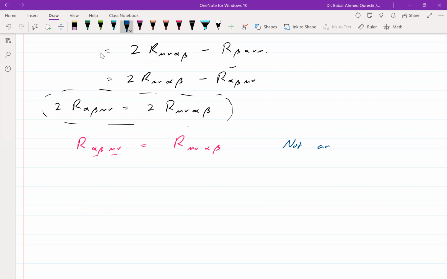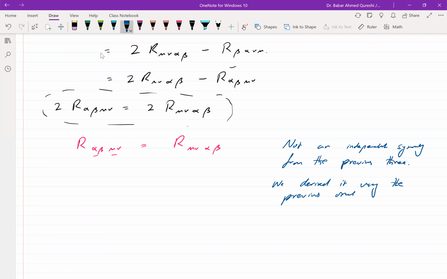It's a useful identity, but not an independent symmetry from the previous three, because we derived it using the previous ones. It's a consequence of them.